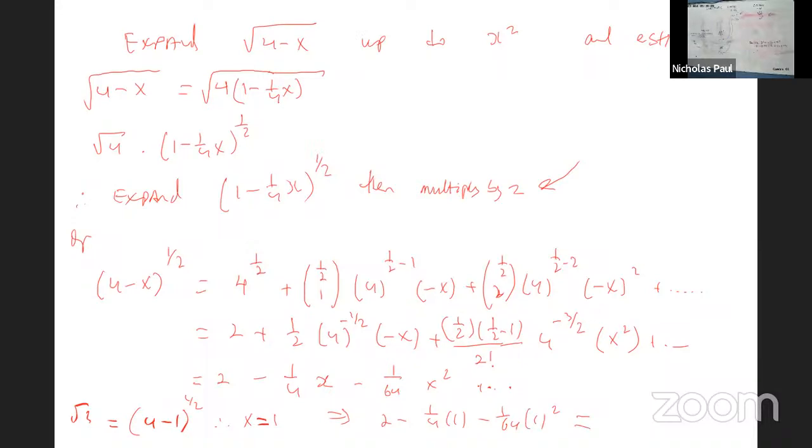What is your answer to significant figures? How much did you get? 1.73. Nice, 1.73.